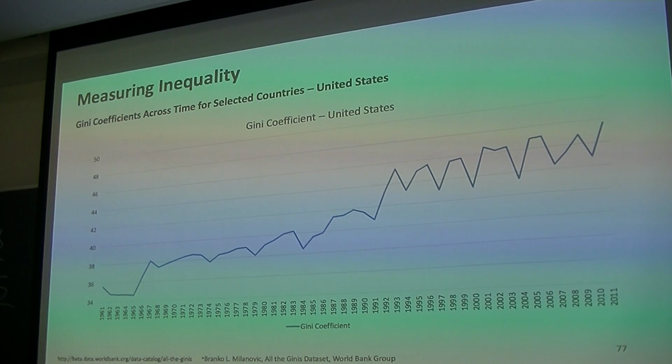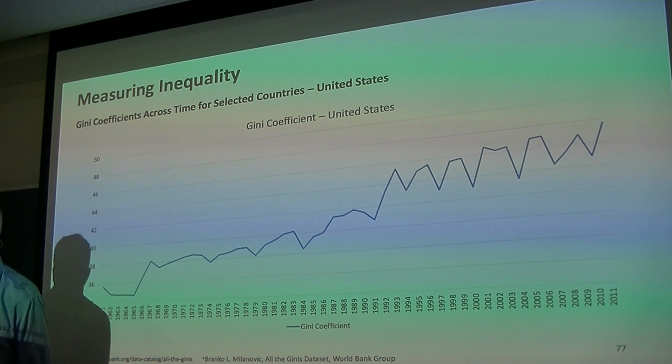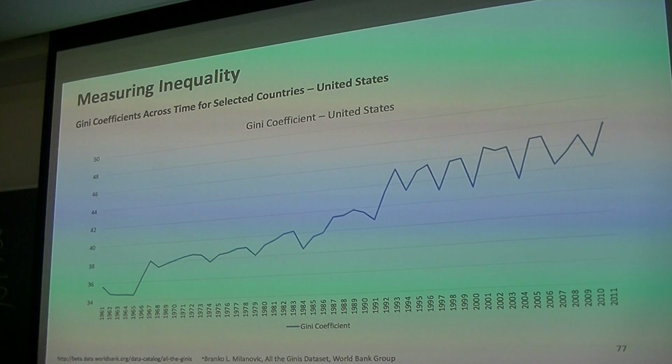You see in many European countries, it's in the upper 20s. In the old Soviet Union countries, the members in communist countries, they actually had as low as 18, 19. The reason is that everybody pretty much had the same income, which unfortunately for them, everybody was poor. They had equality, but they were equally poor.